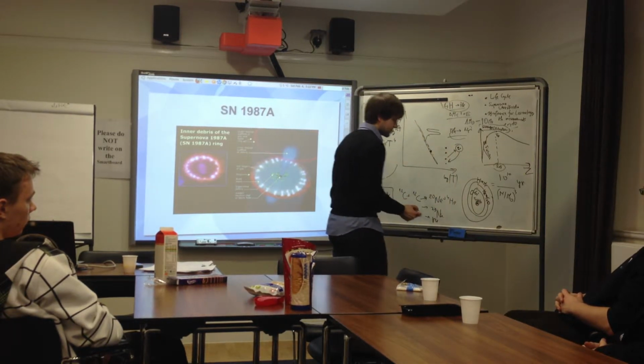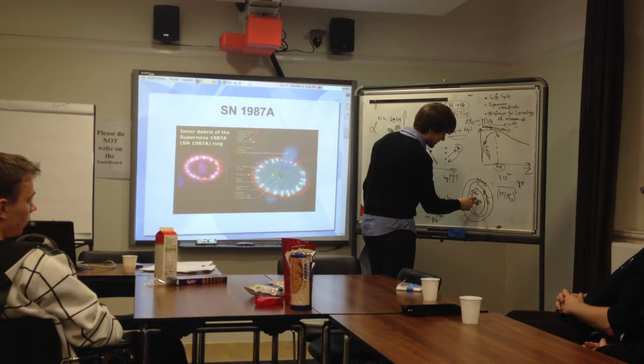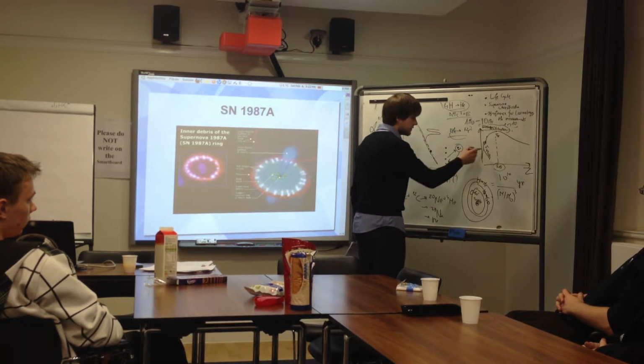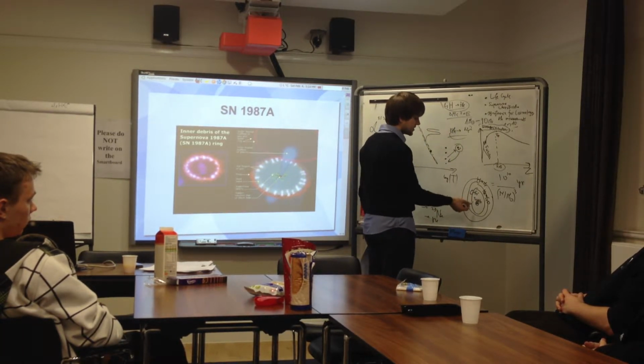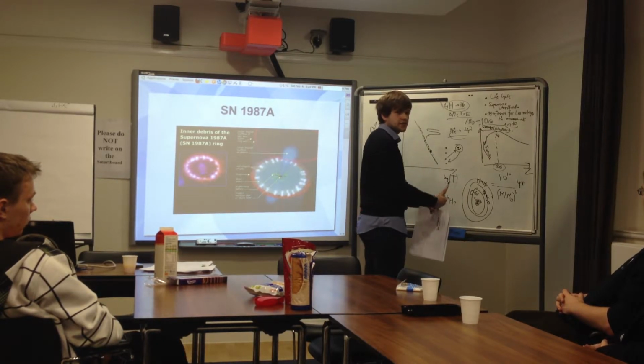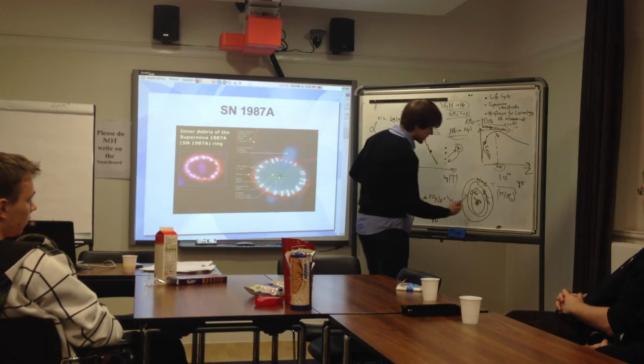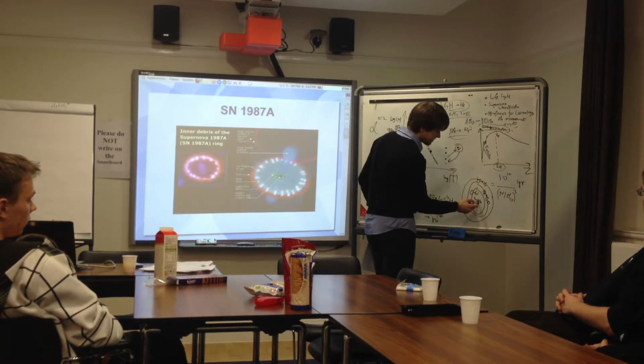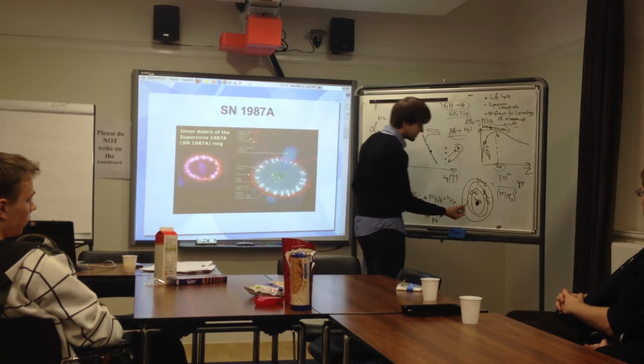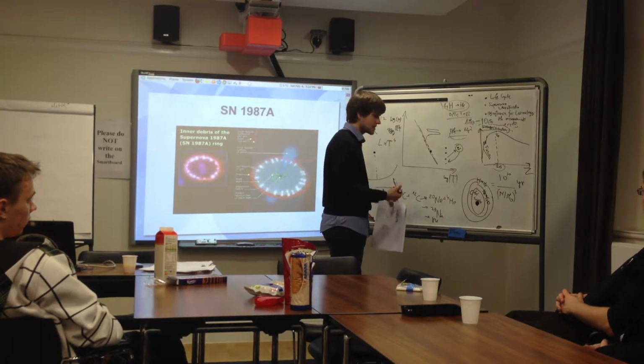And then what happens? When you've got just a ferrum core, you can't have any more fusion reactions, because it would be energetically impossible. You would require energy rather than release energy. And that's why at this moment the reactions stop. Because the reactions stop, everything suddenly collapses.